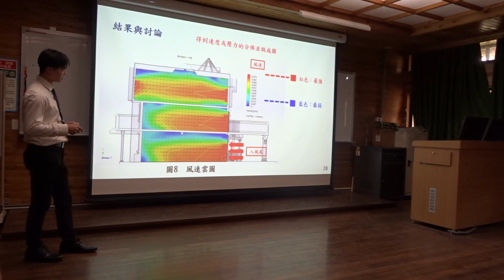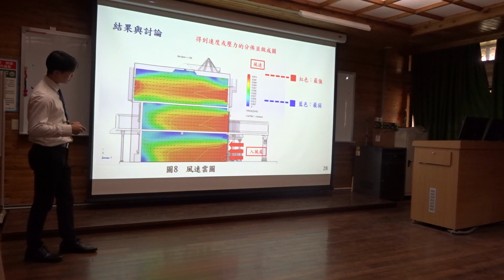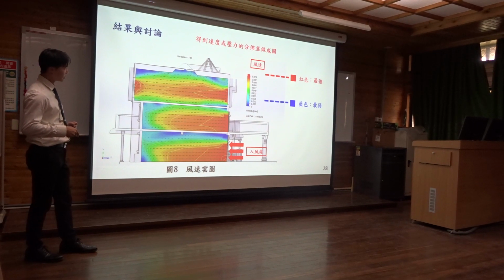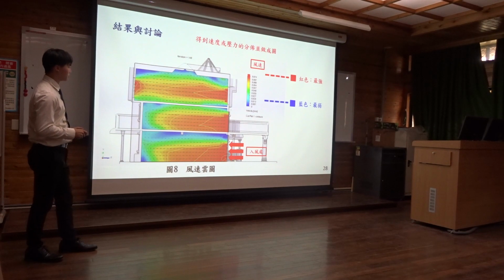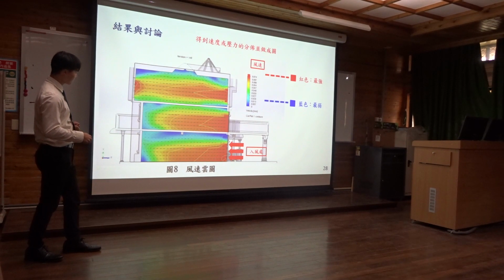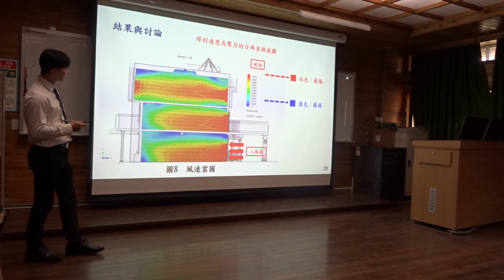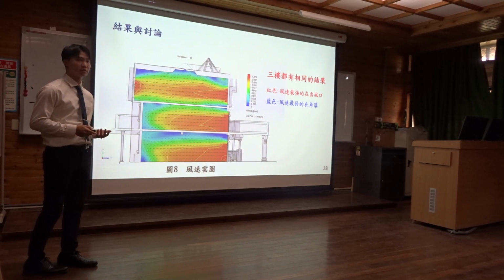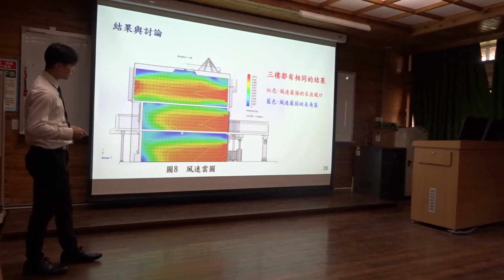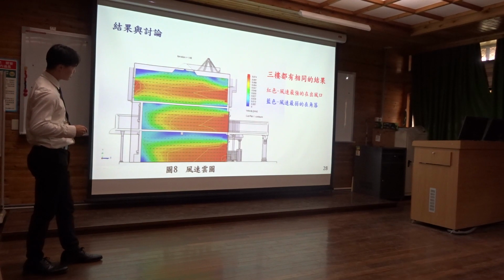As we expected, the red is the strongest at the entrance, and then gradually becomes weaker, turning blue toward the back. As you can see, the 3 floors all have the same result. The red is the strongest at the entrance, and the blue is the weakest at the edge.